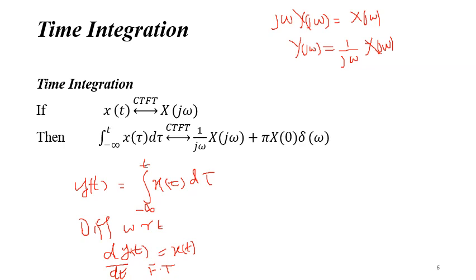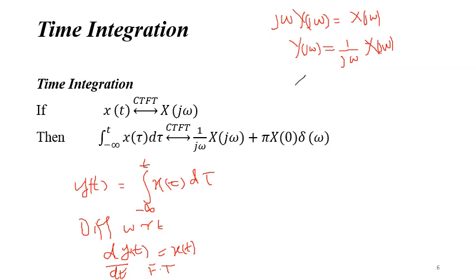But at omega equal to 0, it will be 1 over 0, so it will be indeterminate. So this is valid for signals with zero time average value, or zero DC value.